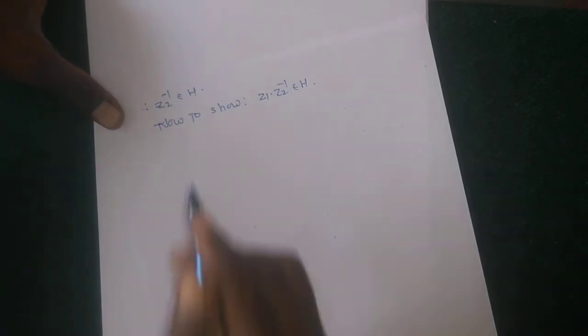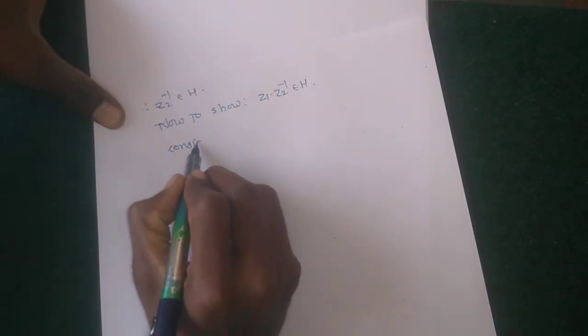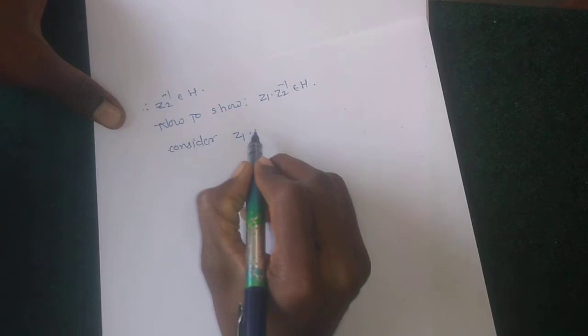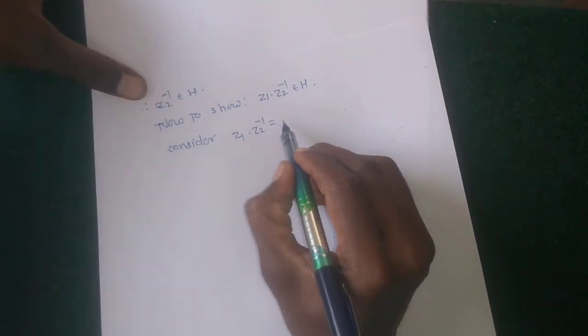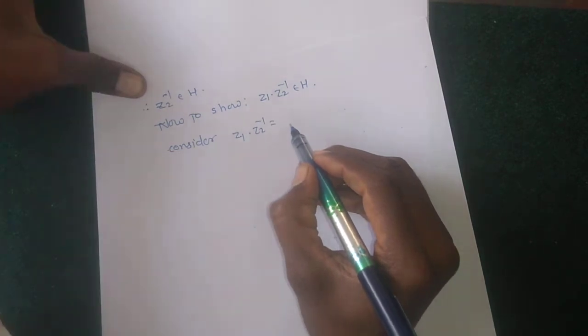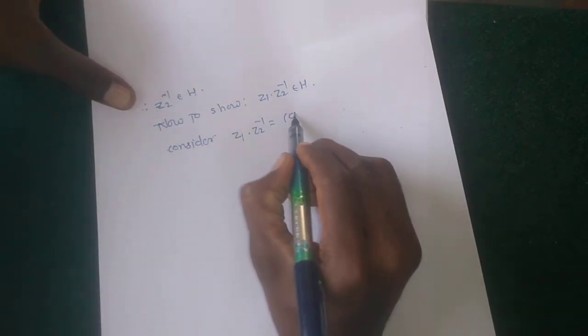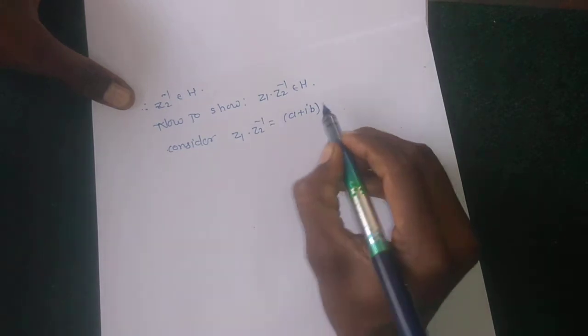Okay, consider Z1 into Z2 inverse equal to, what is the value of Z1? The value of Z1 is A plus iB into Z2 inverse.